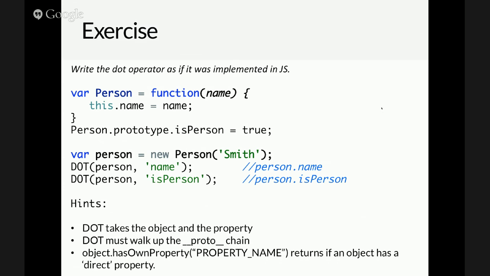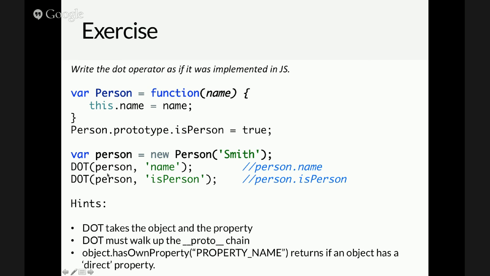Okay, so now I'm going to go through our exercises, maybe give a few hints on them. The goal is to write a dot function that is going to work just like the normal dot operator in JavaScript. So if I were to write person.name, instead I could call a dot function that I pass an object and the property that we want to read.